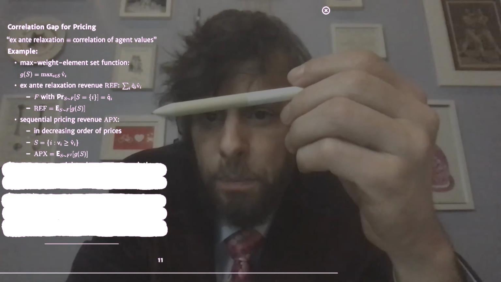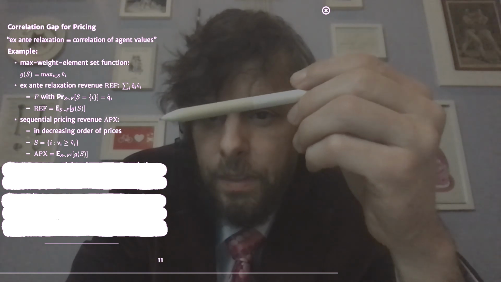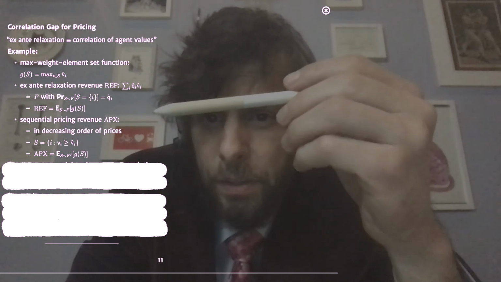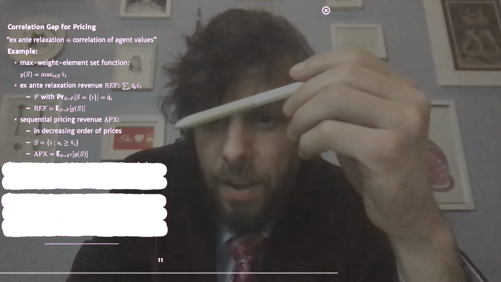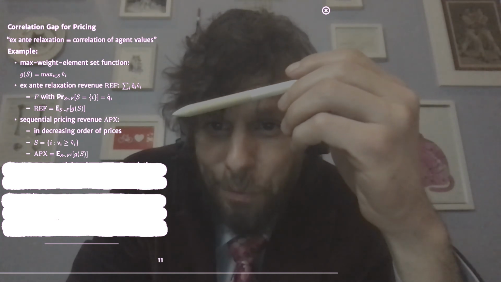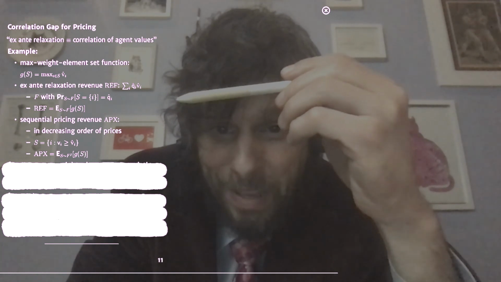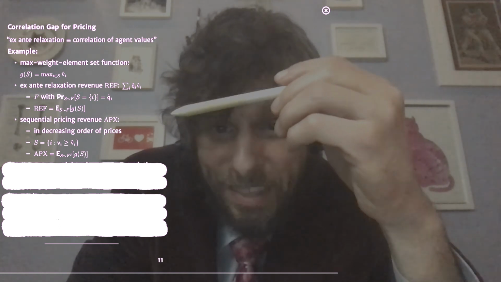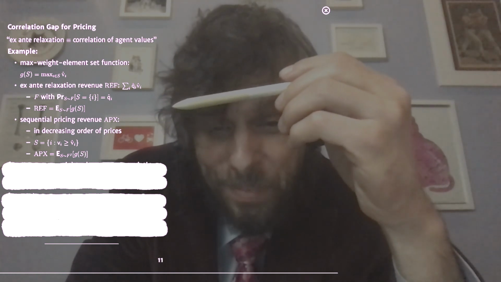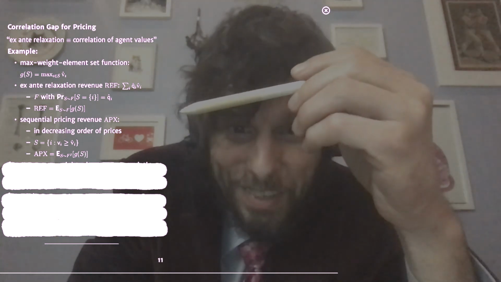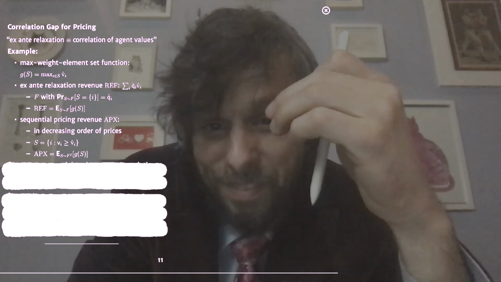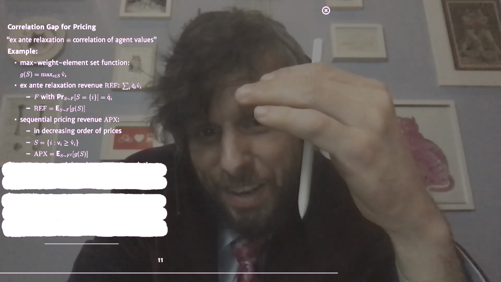Now let's look at our sequential pricing revenue. What is sequential pricing going to do? To optimize the revenue, we're posting prices while supplies last, but we get to choose the order the agents show up in. So we should order the agents in decreasing order of price, because then we're most likely going to sell the items at the higher prices.